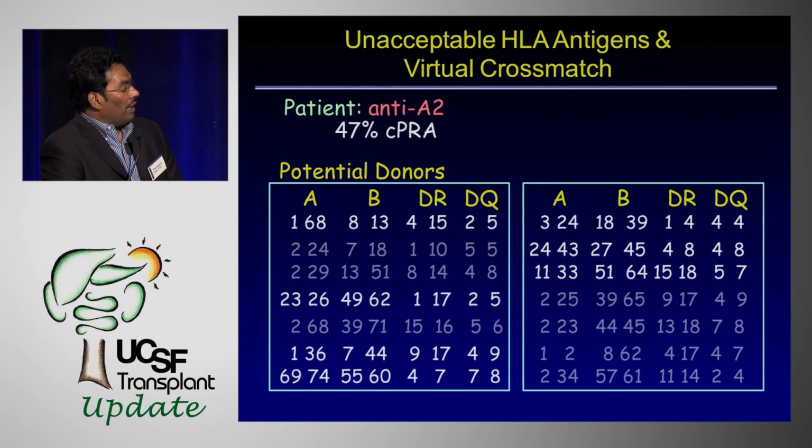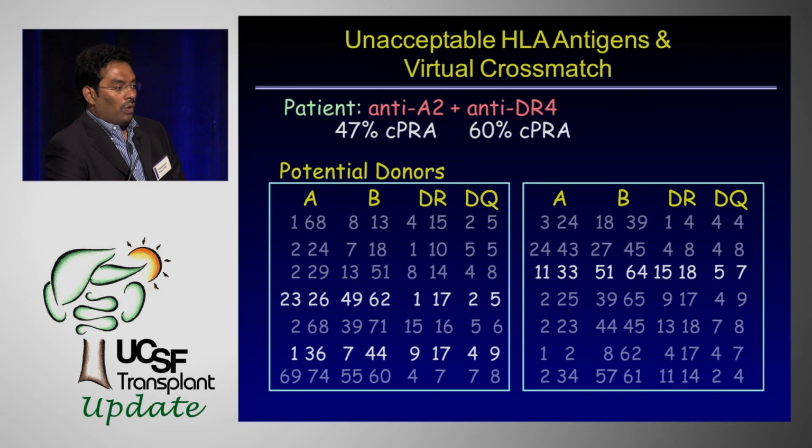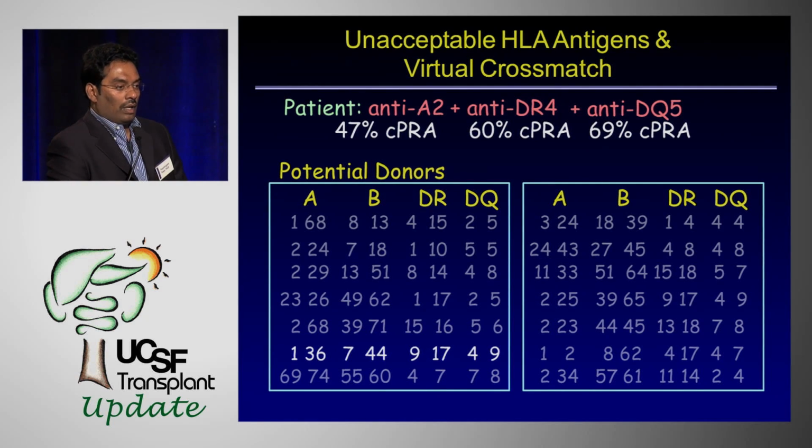If the patient has additional antibodies like DR4, you will be avoiding more donors, that's going to be 60% of the donors. If he has additional antibodies like DQ5, you'll be avoiding more donors, that's going to be 69% of the donors. So the more antibodies the patient carries, the more UNOS donors you will avoid. So getting a matched donor is very unlikely.